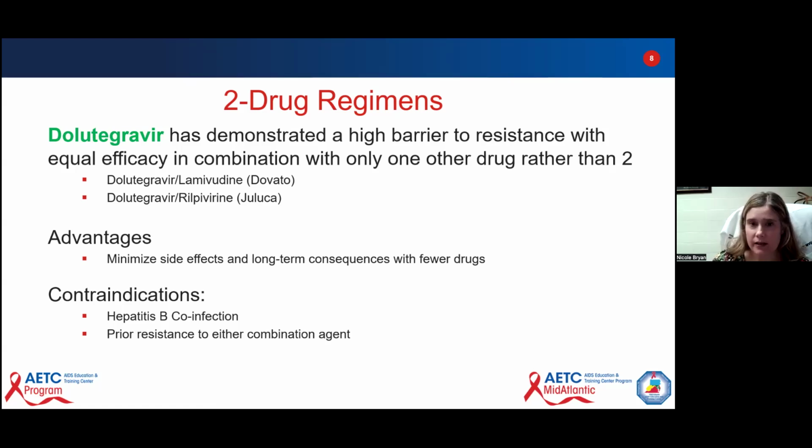So some of our HIV medications have hepatitis B activity, and so the current recommendation is they be on at least two agents that have that hepatitis B activity. And if you change them from where they have two drugs that have activity to something that doesn't, that's another situation where you can flare their hepatitis B. So that's a contraindication to doing that. Or if they have known prior resistance.